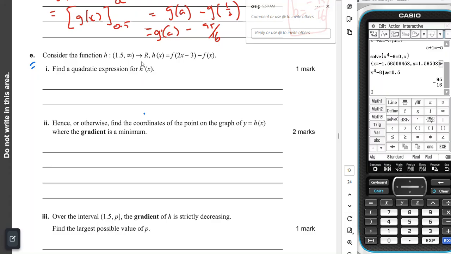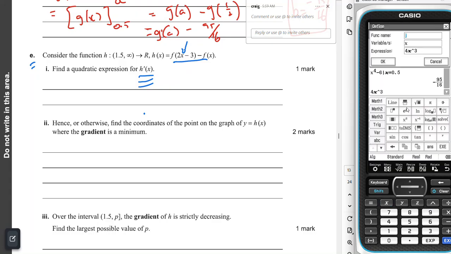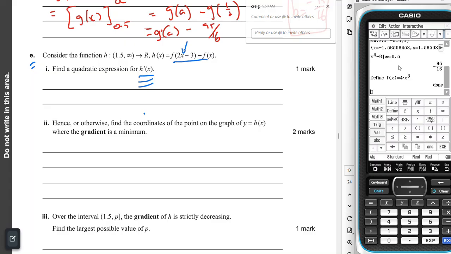Part 8. Consider this final quadratic expression for the derivative. Okay, so this is about f of x. So let's get f of x, and f of x is 4x to the power of 3. And I'm going to define f of x as f of x. Done. So now I want f of 2x minus 3, minus f of x.